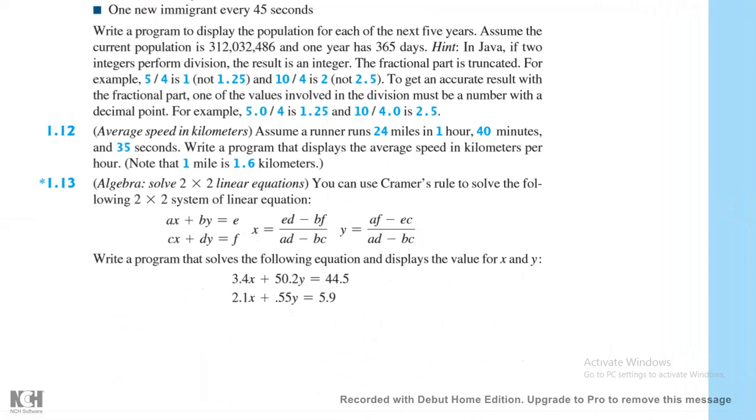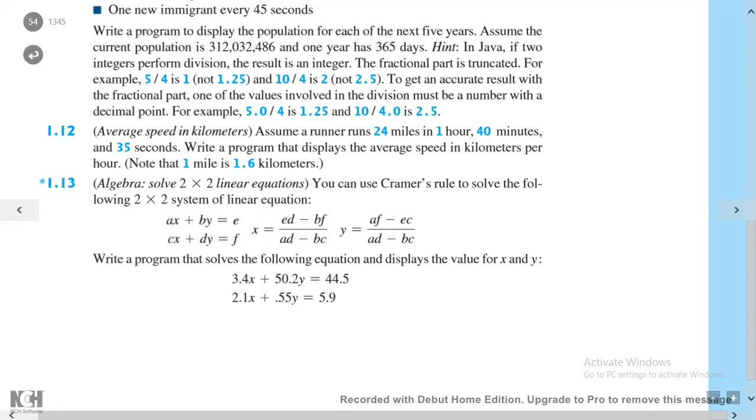So let me just read it through. You can use Cramer's rule to solve the following 2x2 system of linear equations. Okay, so basically the values of A, B, C, D, E, and F that they were talking about on exercise 3.3, these are the values, right?